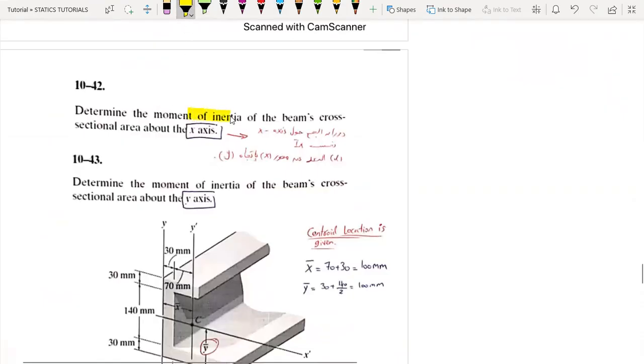Determine the moment of inertia about the x-axis, and determine the moment of inertia about the y-axis. Now, here the centroid location is given, but in the exam, the first part can be to find the centroid first of all.